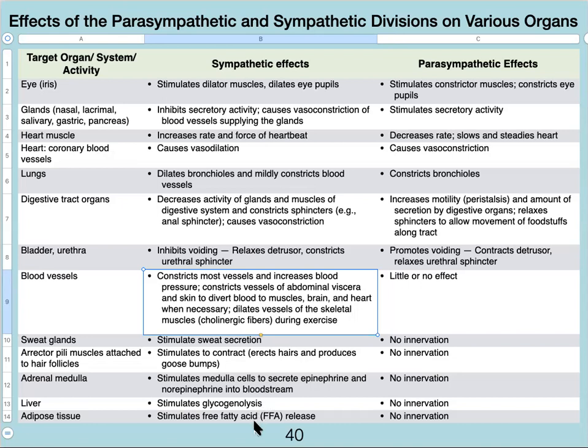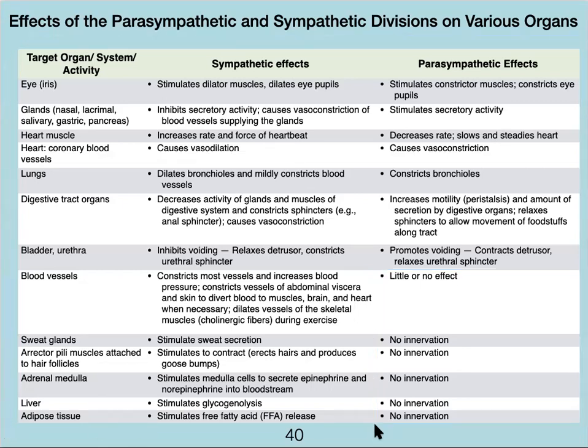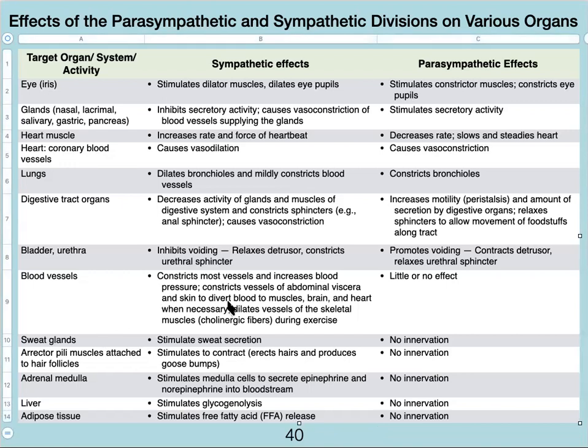And then these, I've placed them together. As you'll see, parasympathetic effect is next to none or none for these organs. These are single innervation target organs, where these organs primarily receive innervation only from the sympathetic division.